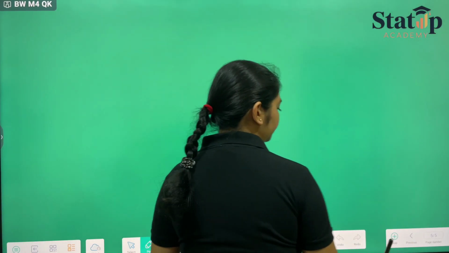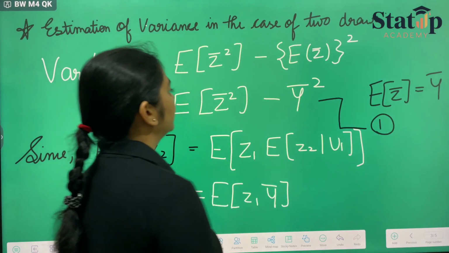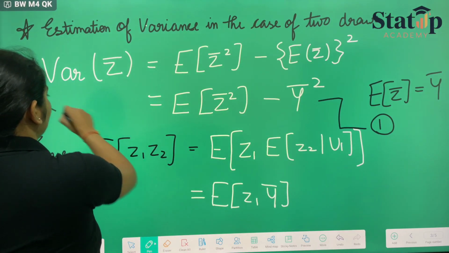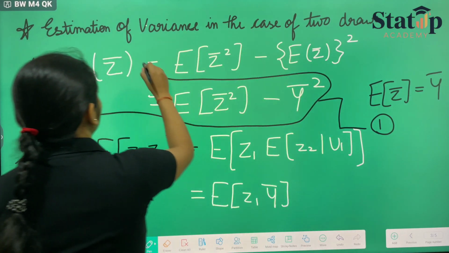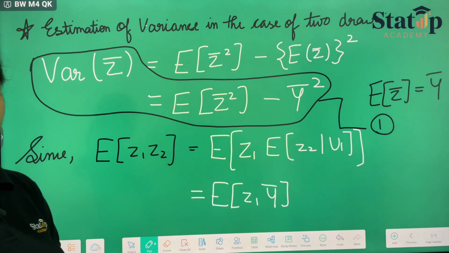You can see on your own, this was equation number 1 and it was nothing but equal to the variance of z bar, right?